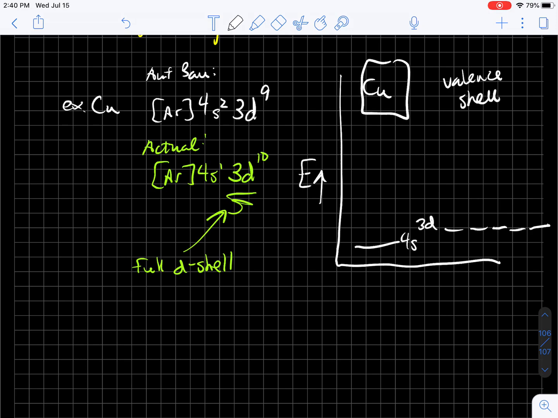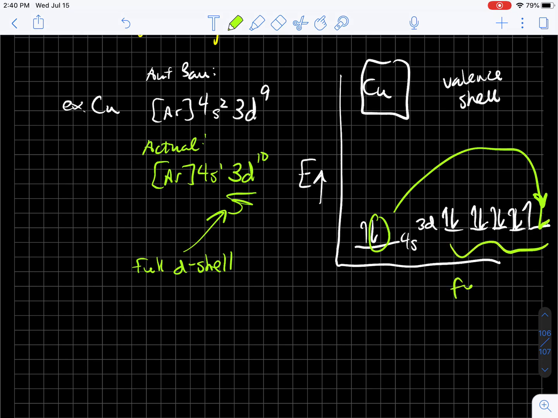Energy orbital diagram for the valence shell. For copper, we would have expected this, but instead what we get is this, right? I'm going to fill that shell. Full d shell. Extra stability. That's supposed to be an exclamation point. I'm very excited.